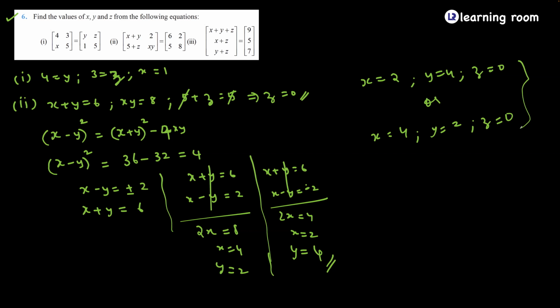Just for you to validate, what you can do is xy is equal to 8. 2 into 4 is also 8. 4 into 2 is also 8. Similarly, x plus y is 6. 2 plus 4 is 6. 4 plus 2 is also 6. Are you able to understand?